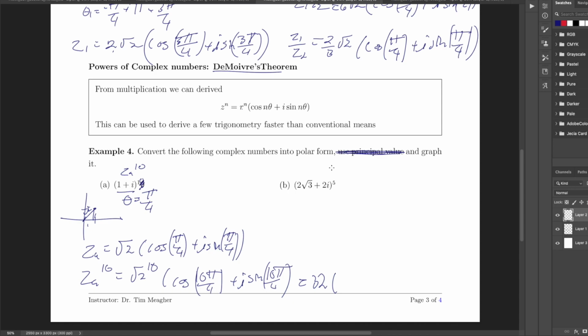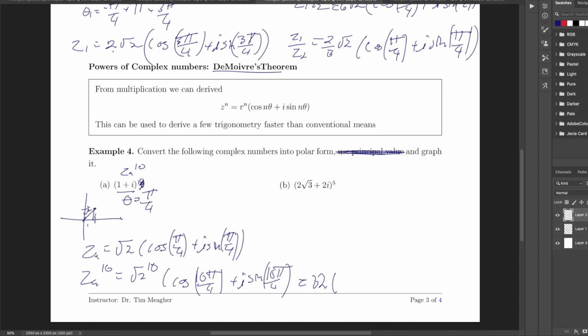Alright, and so notice cosine of 10 pi over 4 is the same thing as, if I get rid of the extra turns, pi over 2, right? Hold on, let me just double check.